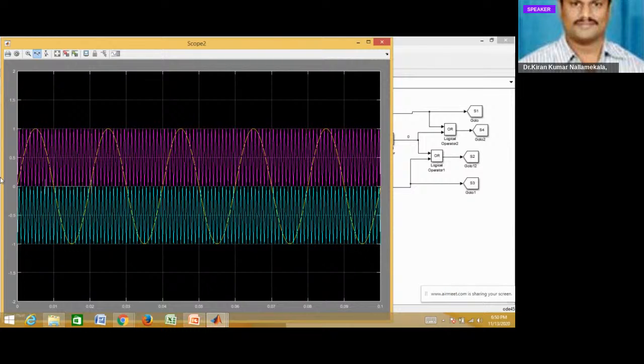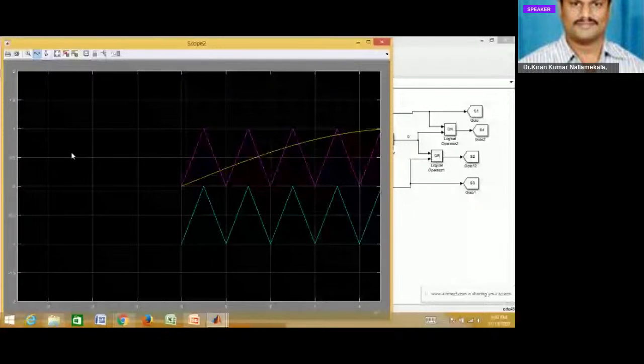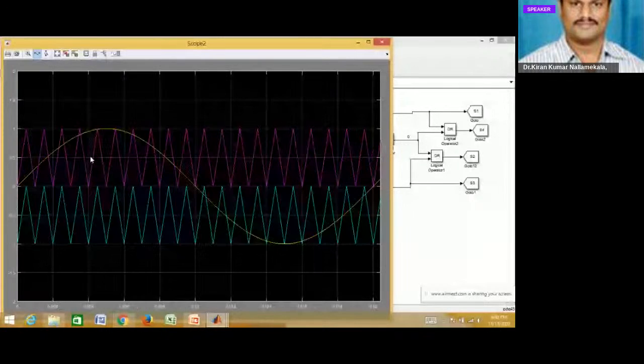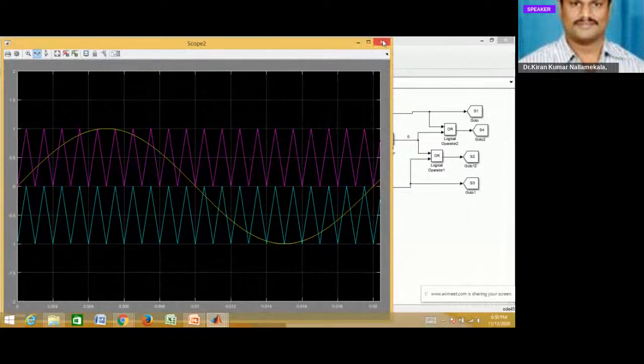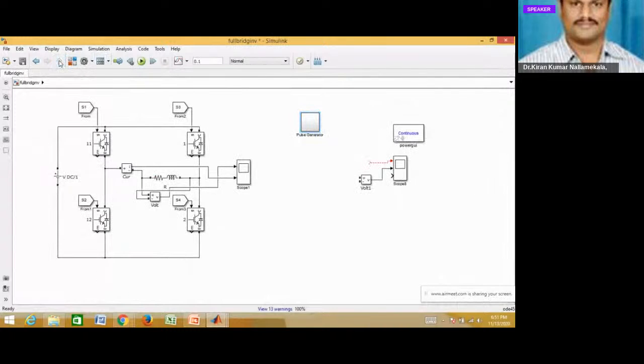Yeah, this is what we have given. I'll zoom it. One sine wave and two carrier waves. The first carrier wave is varying from 0 to 1, the second carrier wave is varying from -1 to 0, and the sine wave is varying from 1 to -1. Correct gating, correct modulating signal and carrier waves are selected.